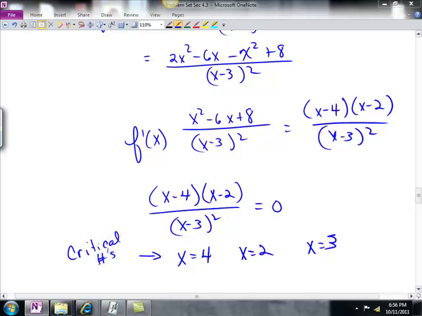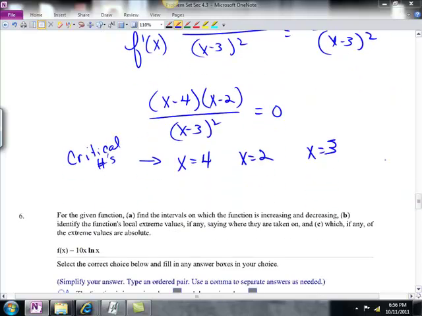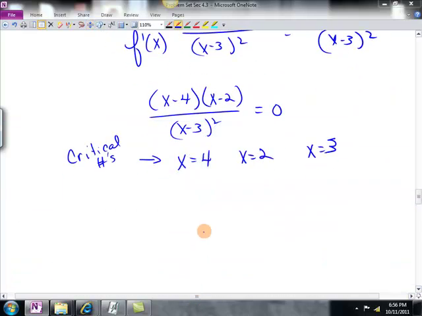Okay? And then you make your chart. And we already know there's a break here. We just know there's going to be a break there.